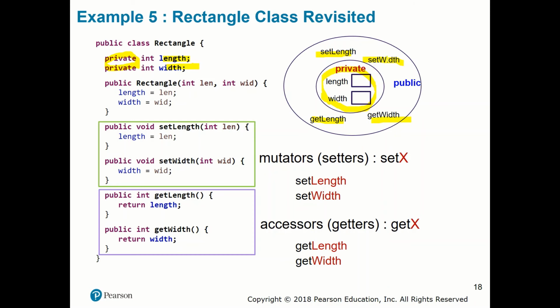We say that set methods are mutators because they change a value, and it is recommended to name them like this: set and the variable name, so setLength and setWidth. Likewise, it is recommended to name accessors, getters, as get and the variable name, like getLength and getWidth. So usually in a class, there are private attributes and setters and getters for these attributes.